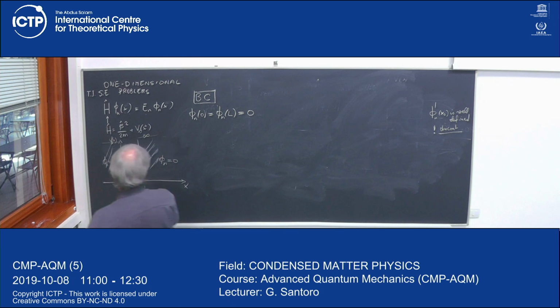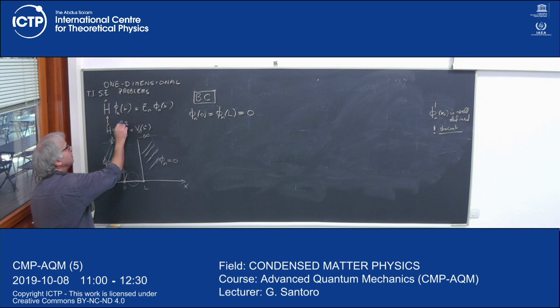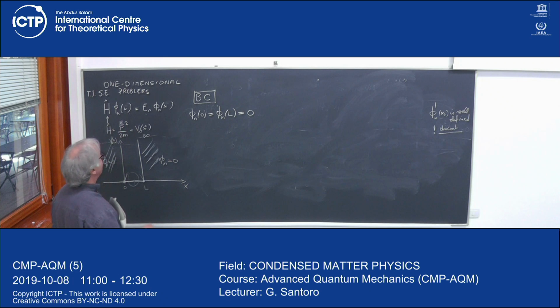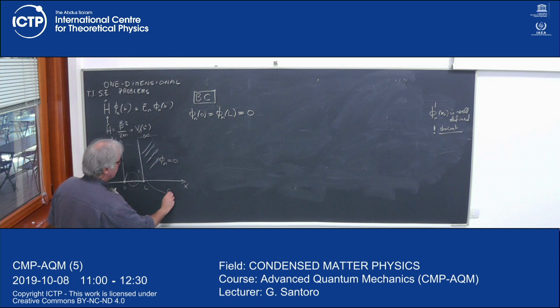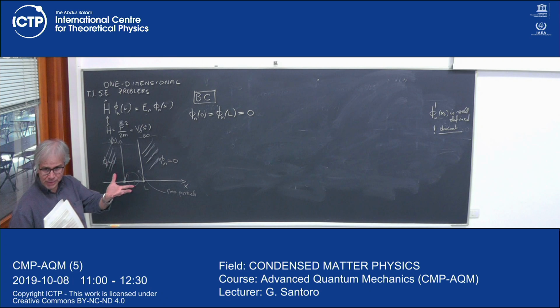Now, what about solving the problem here? This is in 1D. In this region, it is essentially a free particle. You remember what are the eigenfunctions of the free particle with 0 potential? Sine, cosine, or plane waves. Let's write them as plane waves.